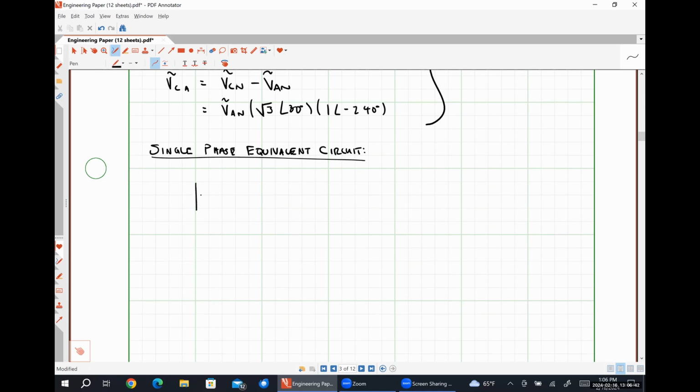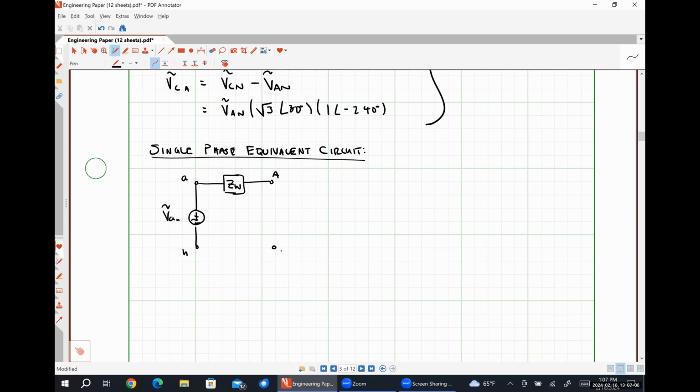So what we would have is something like this, okay? So here's our voltage VAN. Here's the lowercase a terminal. Here's the lowercase n terminal. Here is our impedance ZW. Here's our uppercase A terminal.